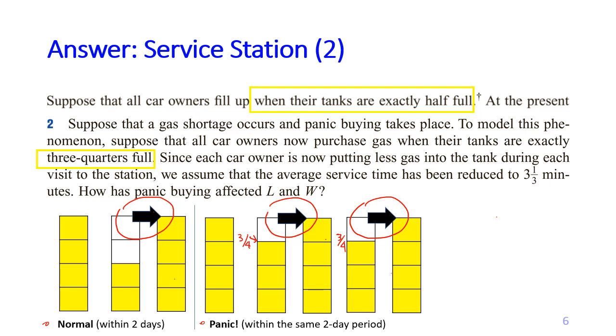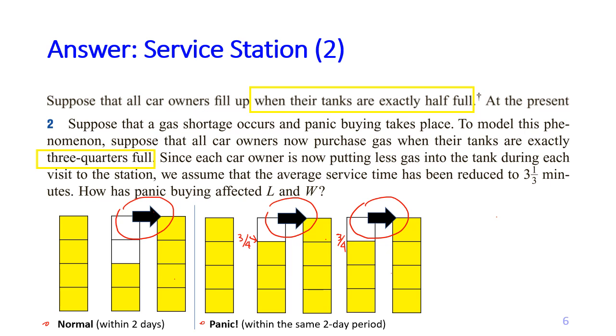So in the same period, whether it is 2 days, 2 weeks, 2 hours, or whatever, the panic buying causes all customers to come into the service station twice as much as before.